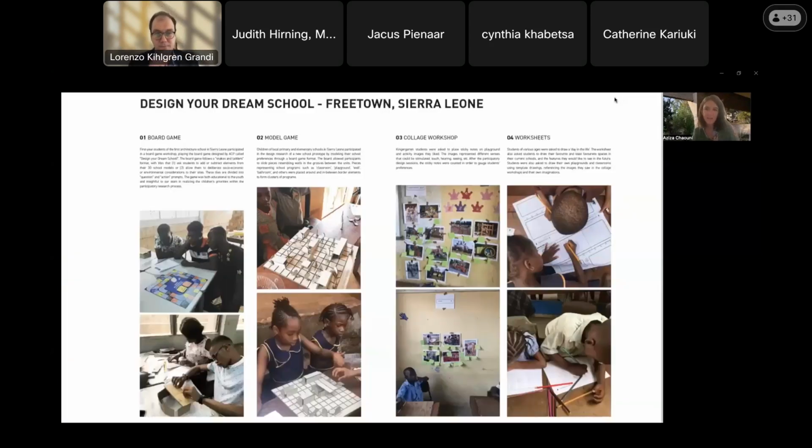And instead of designing away in my office back in Toronto, I had to come to the ground to look at existing schools, but most importantly, I wanted to involve local children that use this primary school currently to partake in this design process of the ideal school, or let's say the more climate and culturally adjusted school that one could design in Freetown, Sierra Leone.